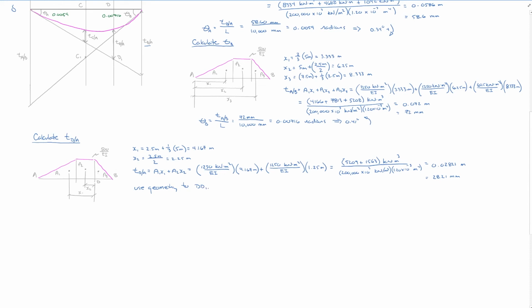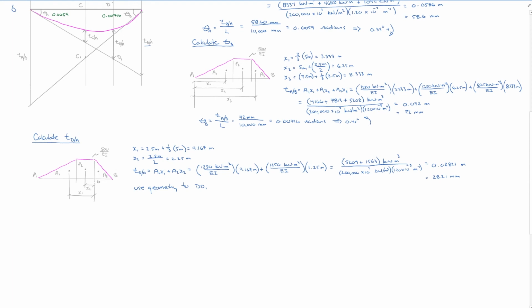And with that overall distance, D1, we can subtract the distance that we just calculated, the tangent distance at D relative to A, from it to get our displacement delta at D.